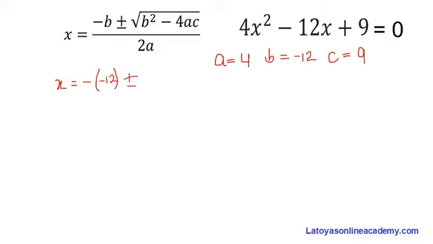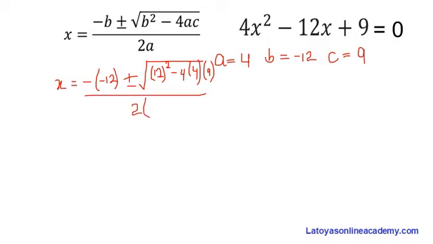Plus or minus the square root of B squared. What is B? Minus 12 again. It's minus 12 minus 4, open brackets, what is A? 4. What is C? C is 9. All over 2A, and again A is 4.